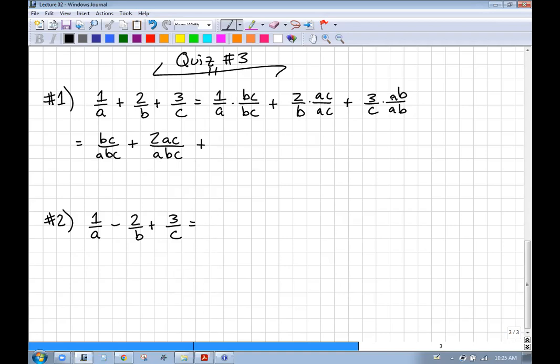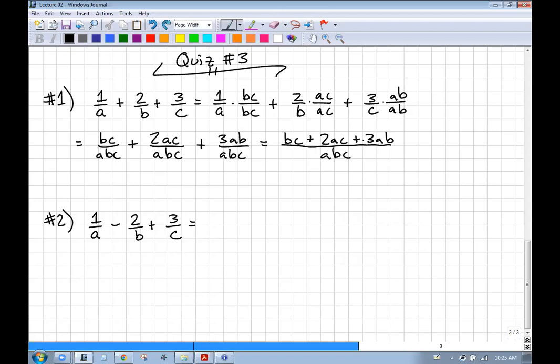It's just prettier that way. And then we have 3AB over ABC again. So we put all these together, we have BC plus 2AC plus 3AB all over ABC. And we can't combine these.